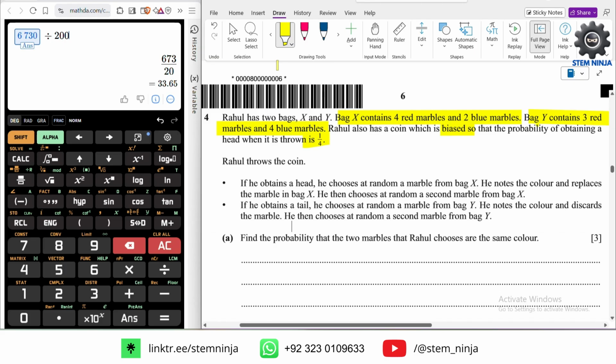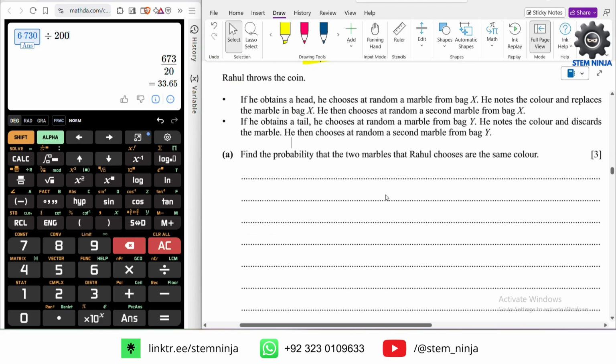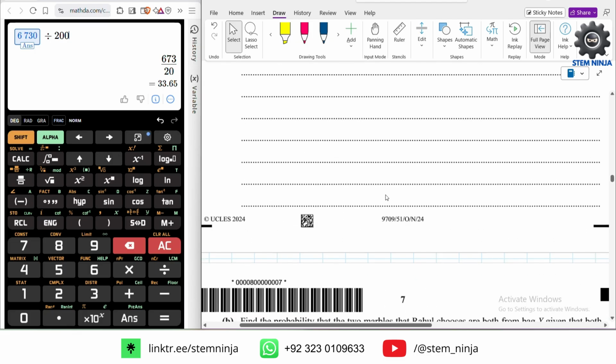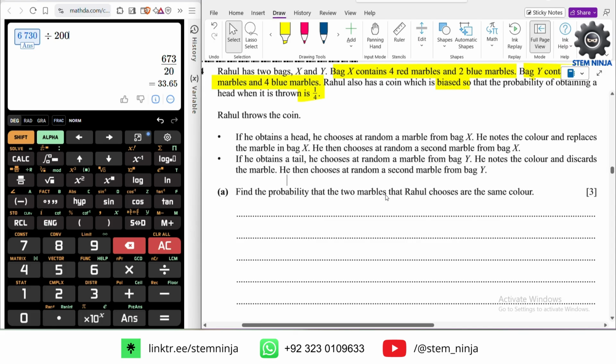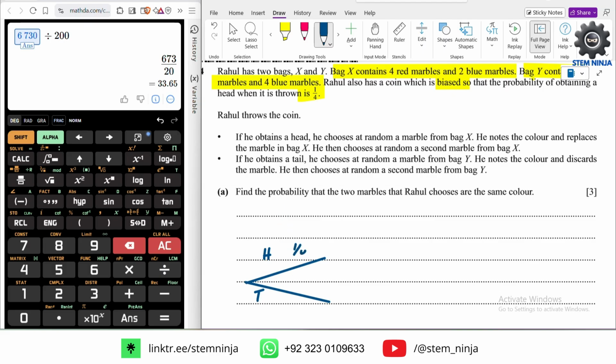Okay. So first we would need to draw what we would call a probability tree diagram, so we have sufficient space for this. If he chooses a head, the probability is 1/4.